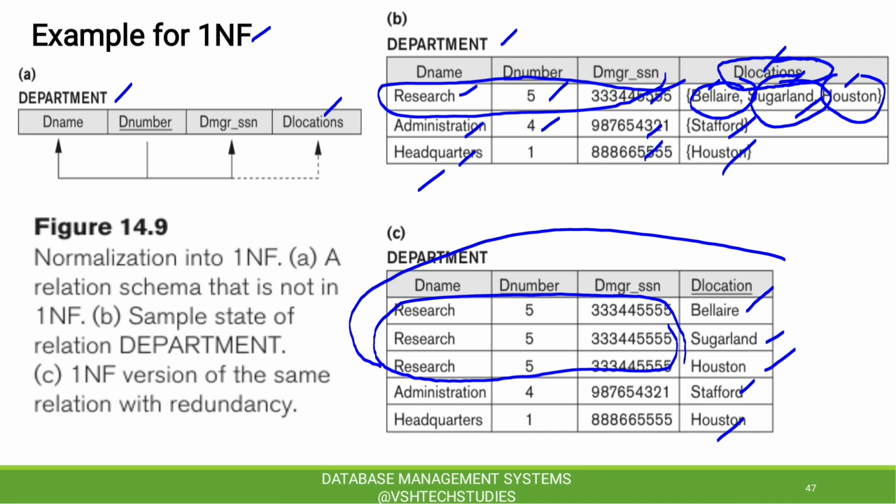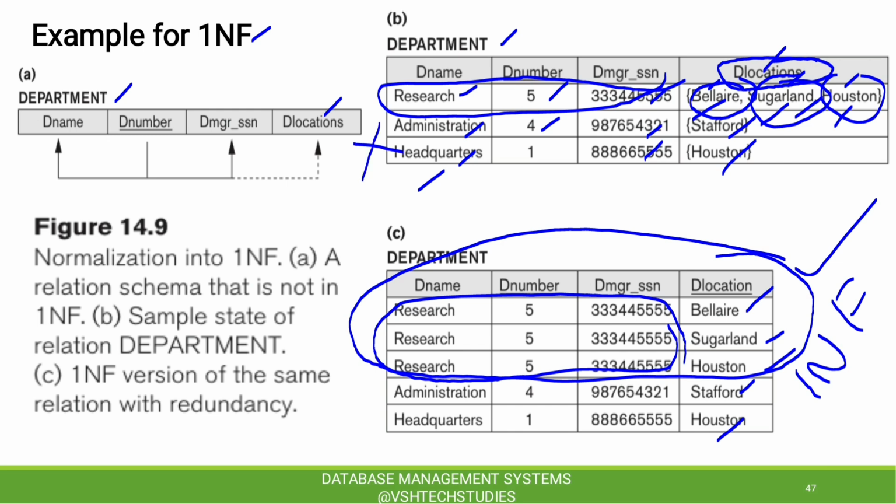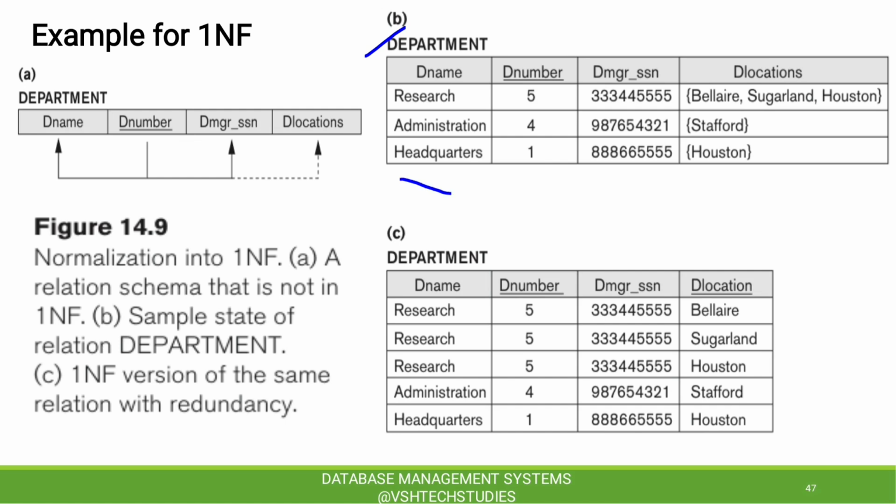But this part has individual tuples for every value of this multi-valued attribute. So this relation, which was not in 1NF due to the multi-valued attribute, is converted to 1NF by adding a tuple for each value of the multi-valued attribute. This is how a relation which was not in 1NF is brought to 1NF.